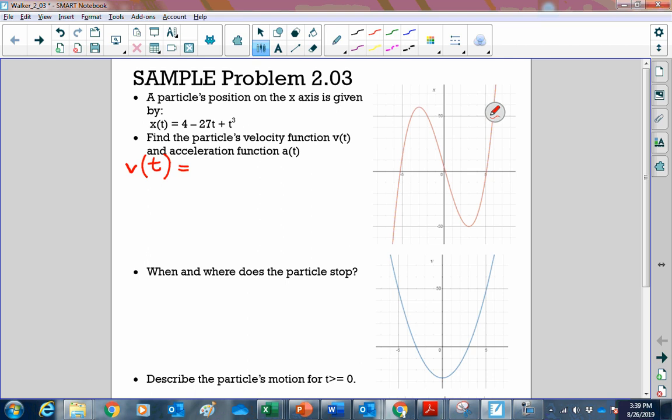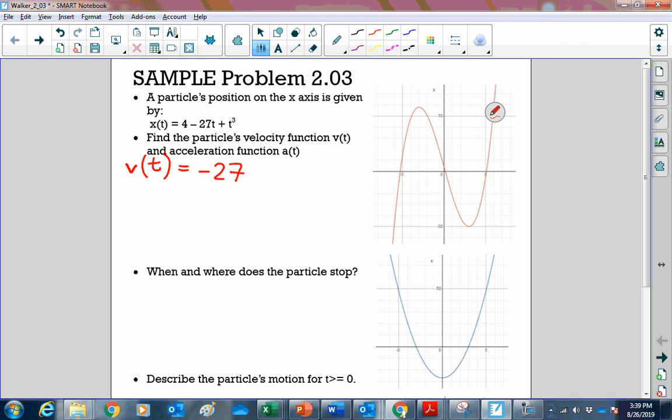4 is really 4 times t to the 0 power. So that completely goes away. The next term, I take the exponent, which is 1, so 27t to the 1. So I bring the 1 down. 1 times 27, or really negative 27, is negative 27.